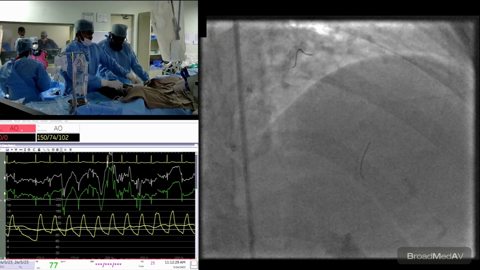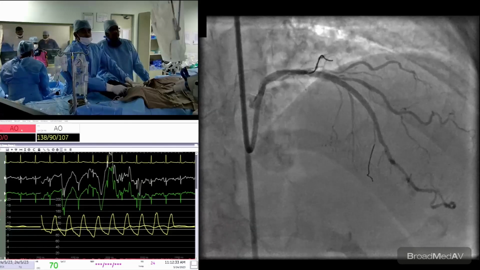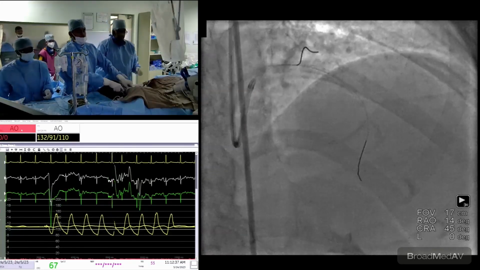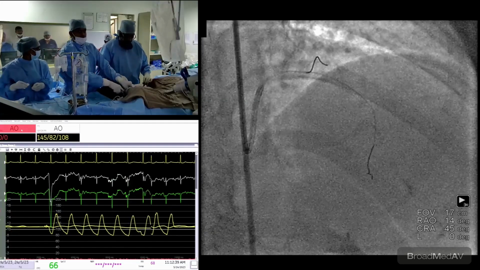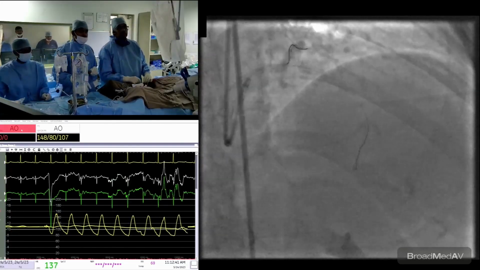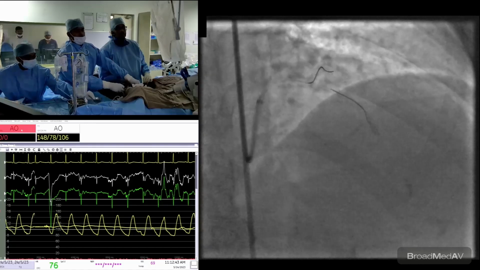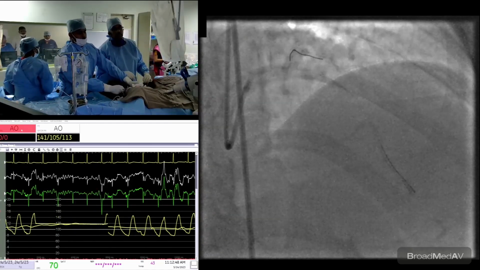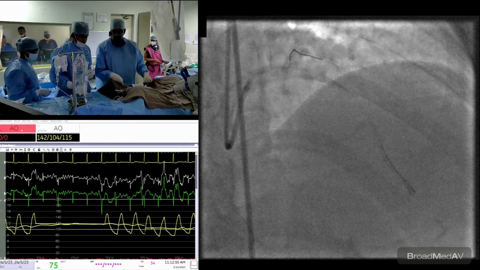Okay, ready? I think the LAD is okay. The diagonal is flowing well. There is some pinching, but I'm not going to chase that. We've already, what do you think? Yeah, we have to take an OCT, and we'll take the diagonal flow. I'm happy. Okay, take the OCT down, please.